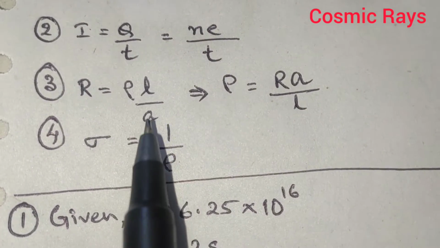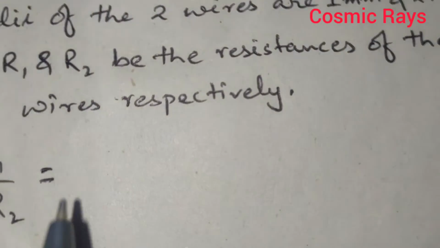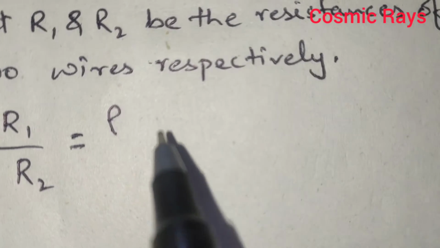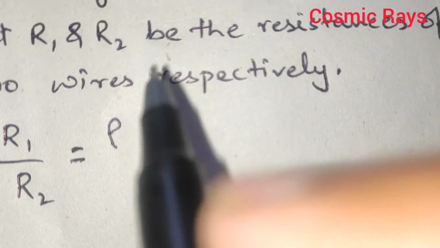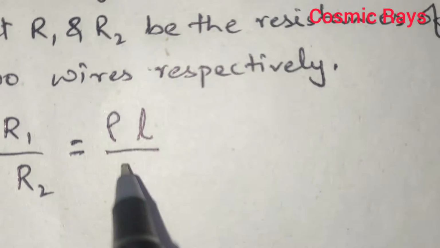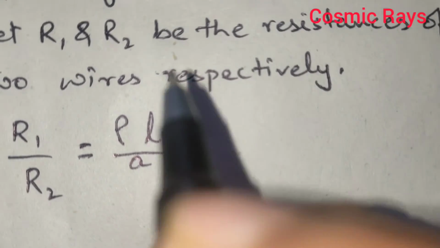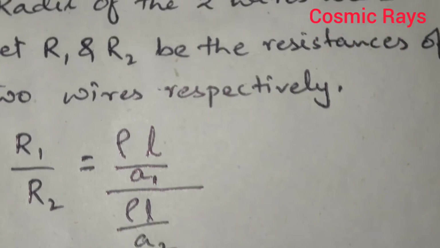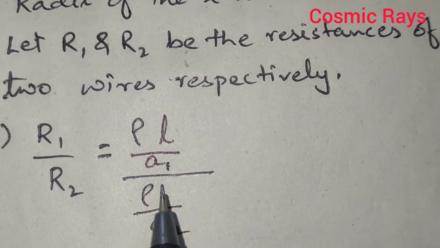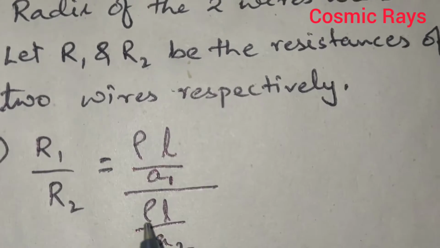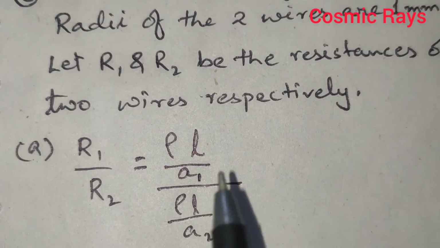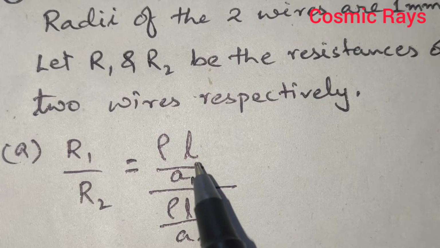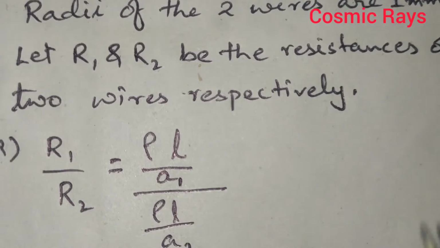R is equal to rho L by A. So for R1, it is going to be rho L by A1 and rho L by A2, because area is going to vary because of the different values of the radius, but the specific resistance rho and the length of the wire L are same in both the cases.